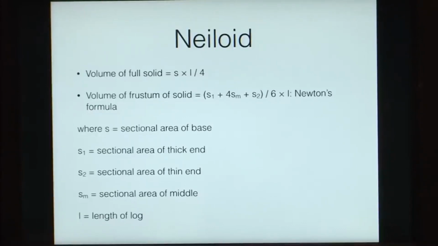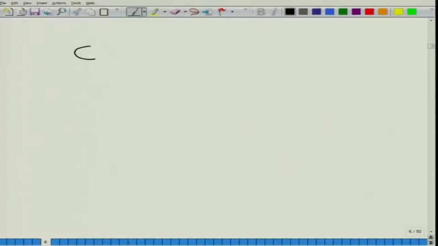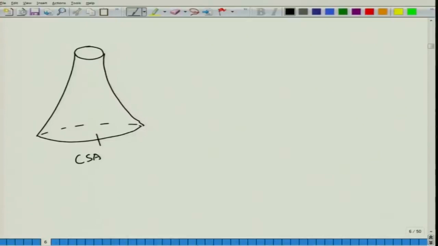So, in the case of a neiloid, S1 is taken to be the cross sectional area of the thick end, and the cross sectional area of the thin end is S2.